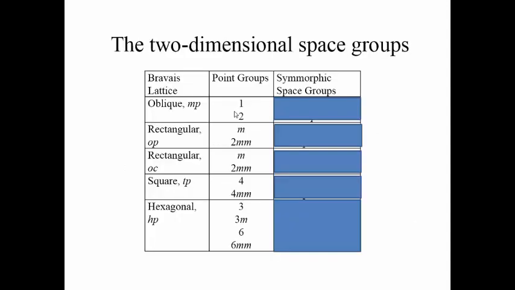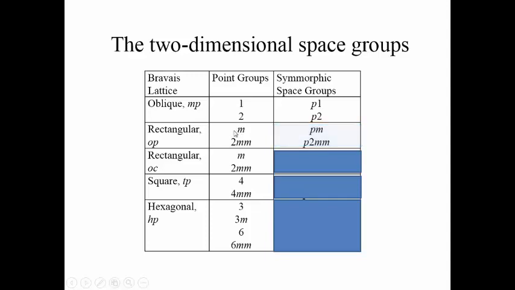The two-dimensional space groups, we want to see the relationship, the overview of the Bravais lattice and the point groups. So the Bravais lattice oblique is going to be primitive, and it has 2 point groups associated with it, 1 and 2. So the associated space groups would be P1 and P2. Rectangular primitive is going to have what?